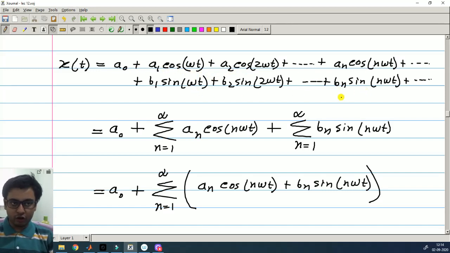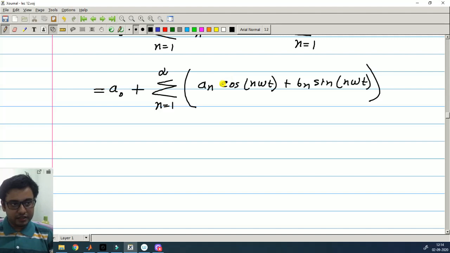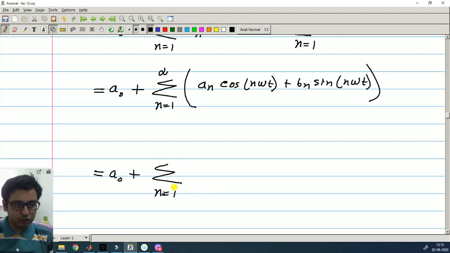This is what we call the Fourier series, the sum of different sine and cosine signals. And you may also write it in this way: a0 plus sum over n equal to 1 to infinity.